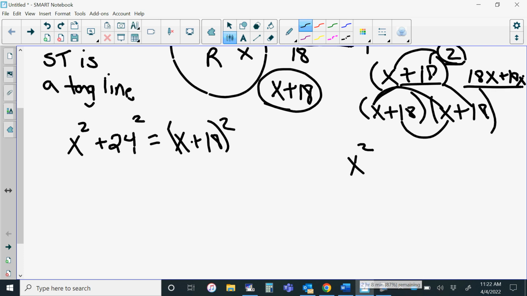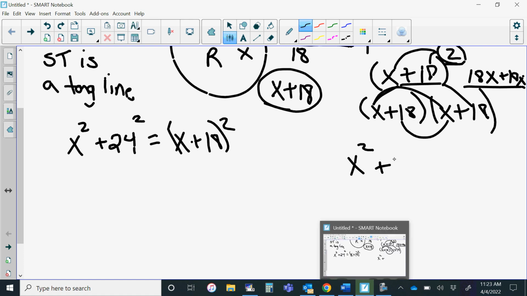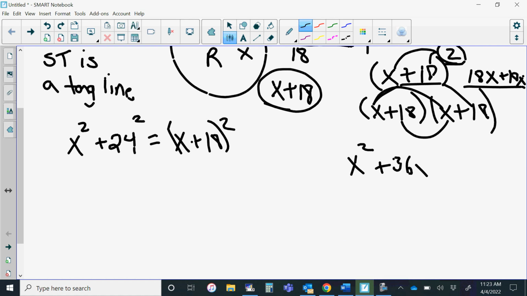Those are like terms, which means I can actually add those together. 18x plus 18x is, and then finally 18 times 18. 36x squared. No, because you're adding 18 x's and another 18 x's. If you have one x and another x, it'd be x squared. When you multiply them, x times x is x squared.